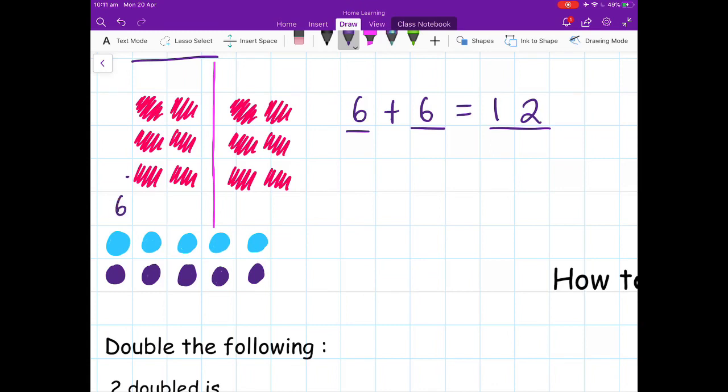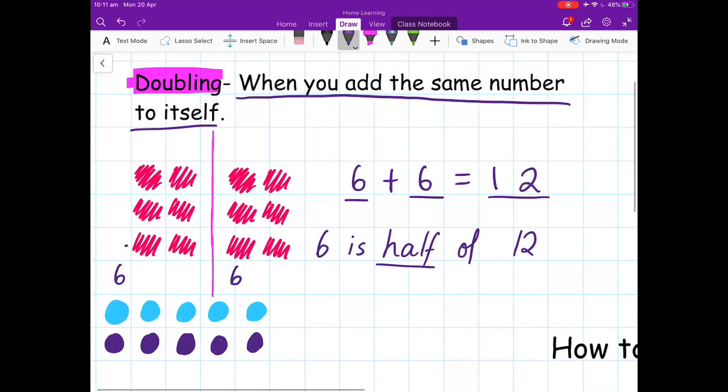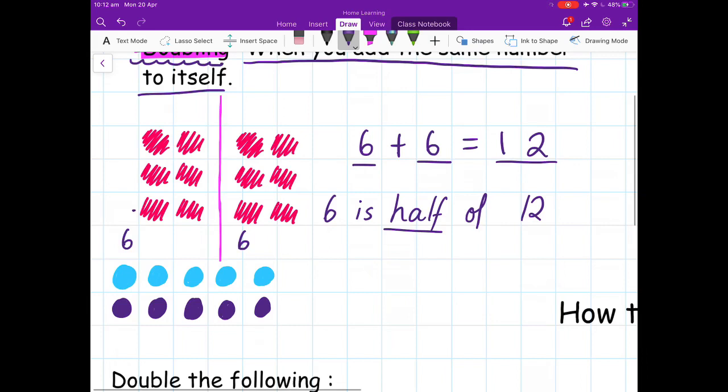So I've got 6 on this side and I have 6 on this side. That means 6 is half of 12. Okay? Half and doubling are best friends.